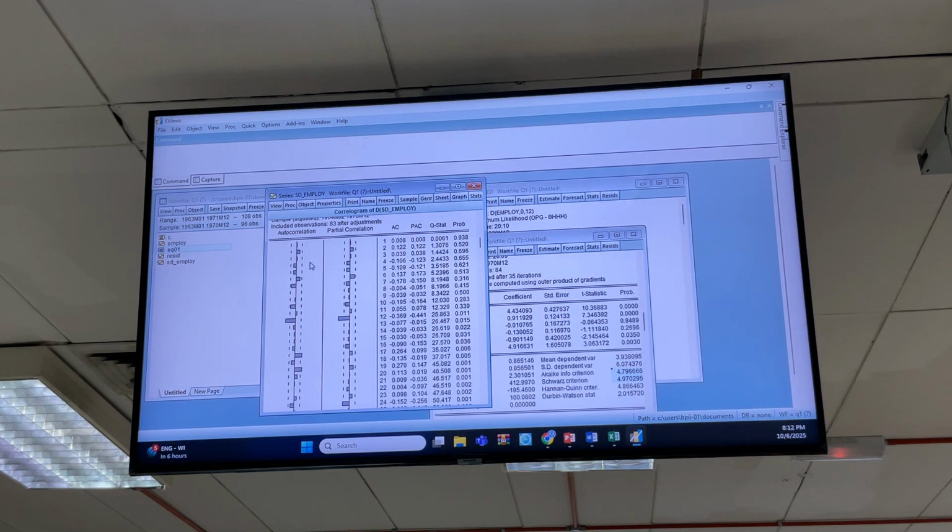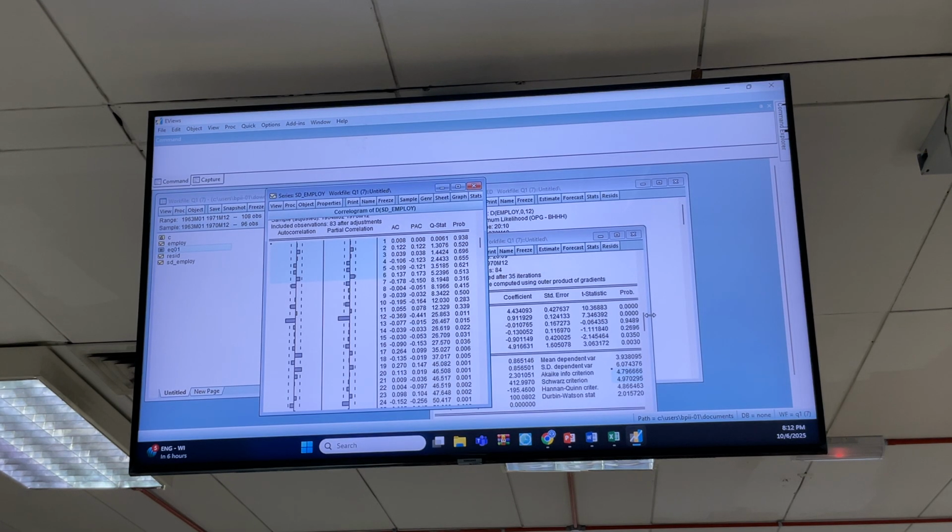Small p and q, do we have small p and q? We don't have. Okay, all are insignificant. So if it's all insignificant, no need to include. Okay, it's okay to only include the seasonal part.